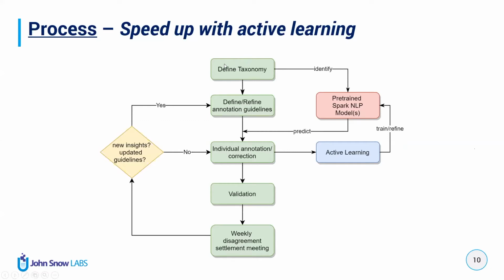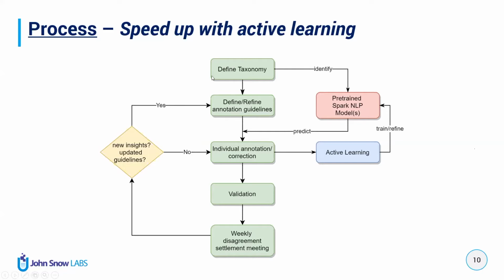First of all, at the beginning of the annotation process, what we are doing is comparing the taxonomy that we want to extract for the current project with what we already have in terms of pre-trained models. So we look at our library of pre-trained models and we compare the labels that they are predicting with the labels that we currently need for the new project. We choose one or several relevant models from our library of models, and we apply them to predict some of the annotations.